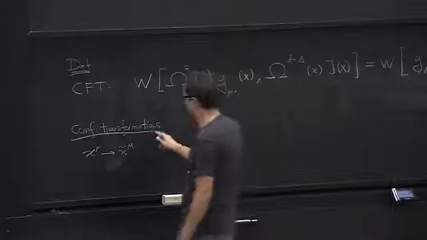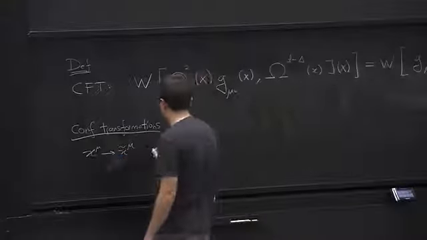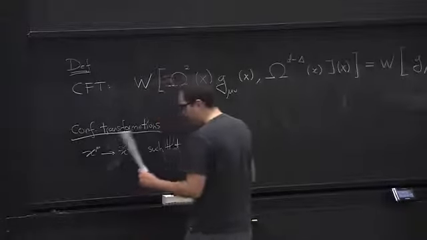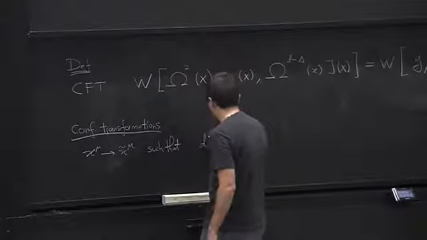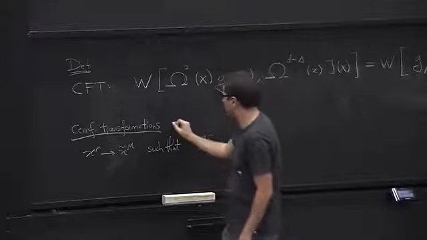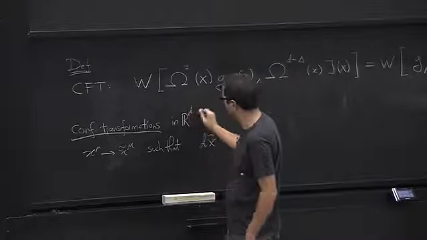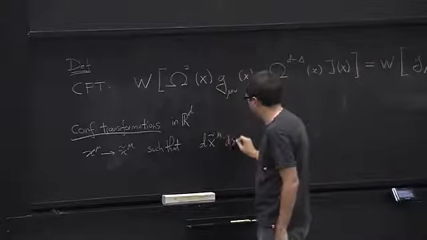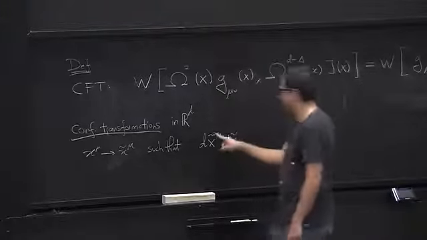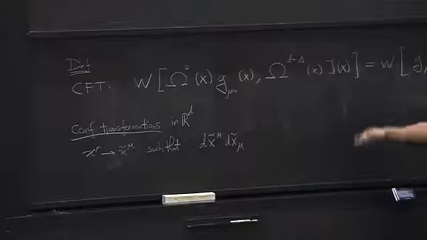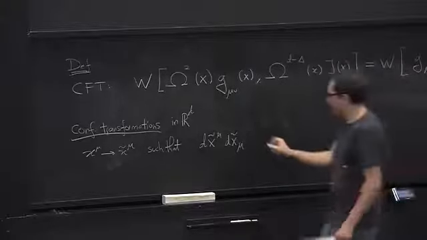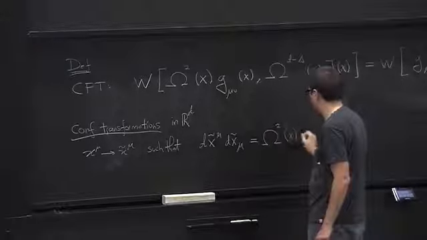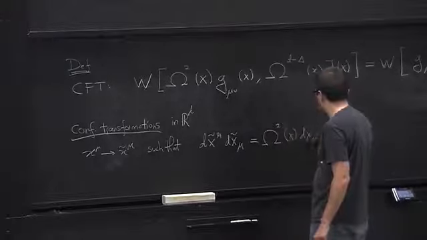Conformal transformations in flat space, in R^D, are transformations x mu goes to x tilde mu such that the new line element, which is just the Euclidean line element, is equal to some omega squared of x dx mu dx mu.